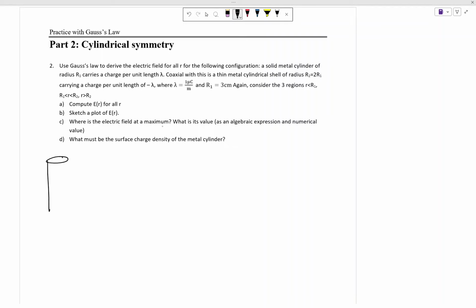We've got a solid cylinder, and it has a radius of R1, and it has some charge per unit length of lambda. And then around this is a thin metal shell. Try and draw that a little bit neater.